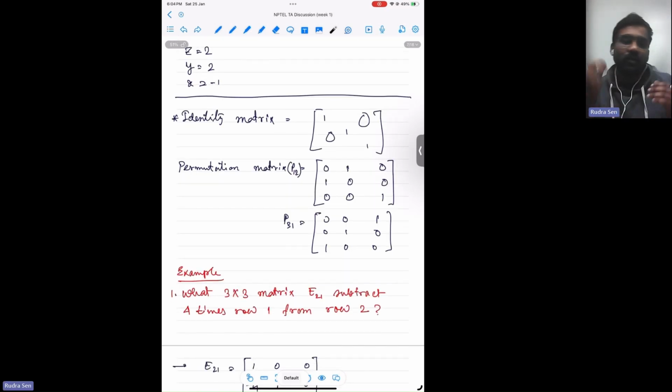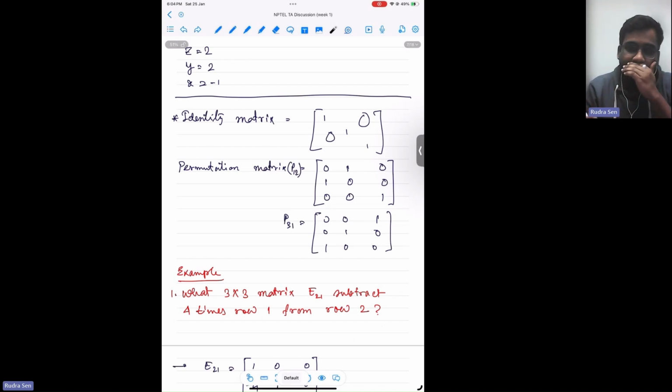Now this is basically the approach. If you don't know, I'll just give you the information: there is a MATLAB command called RREF. Using that MATLAB command, we can find the row reduced echelon form.